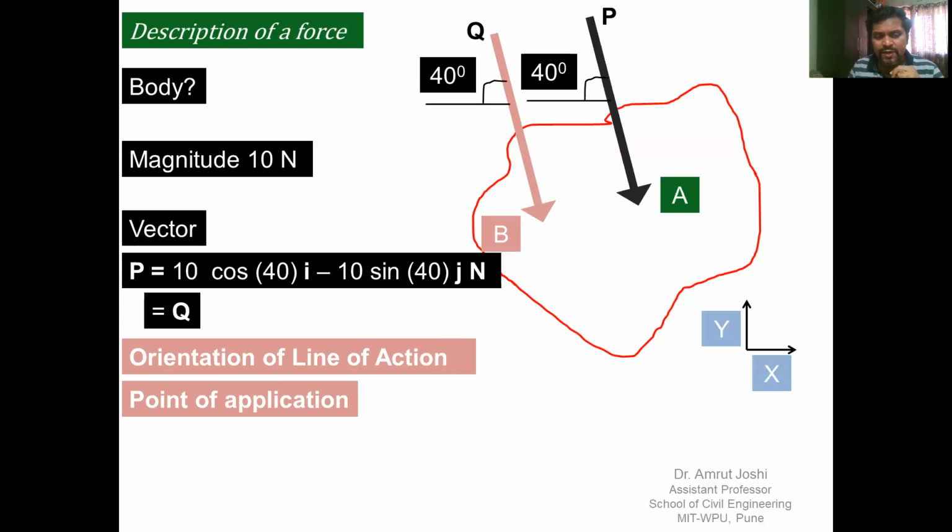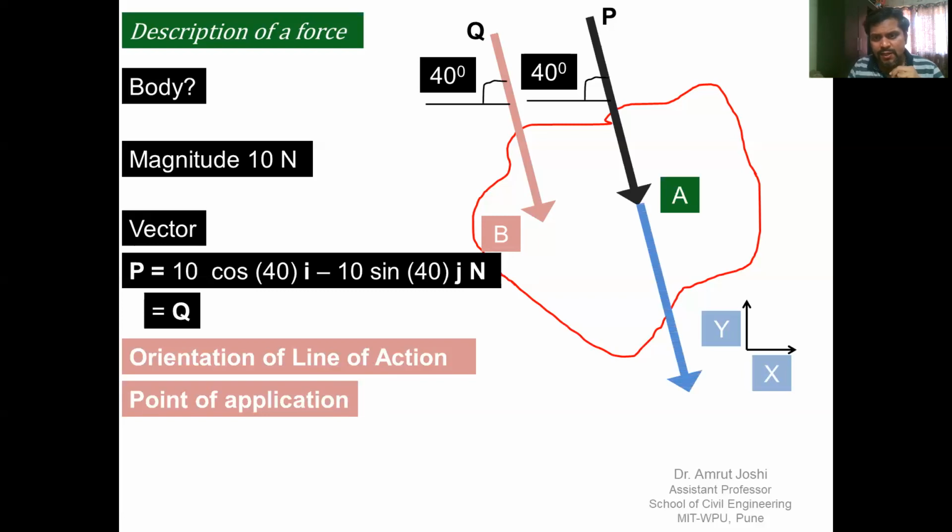And the orientation of line of action means the angle that these forces make with reference to a chosen reference system. So for both these forces, the orientation of line of action is same. However, their point of application is different. And therefore, their effect on different points on body is different.